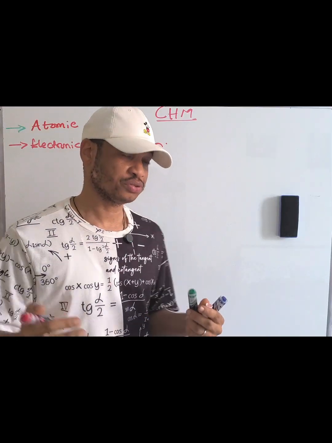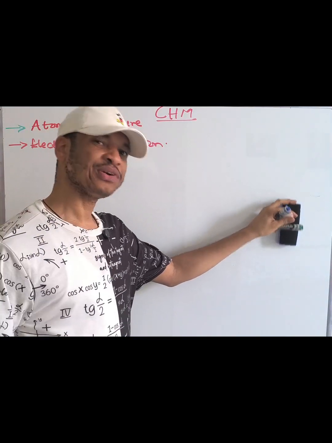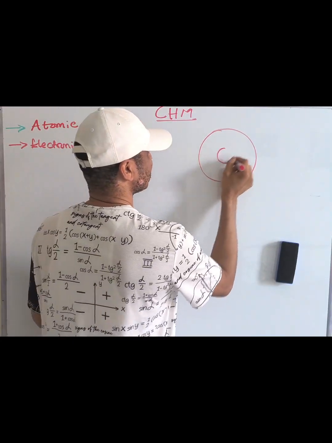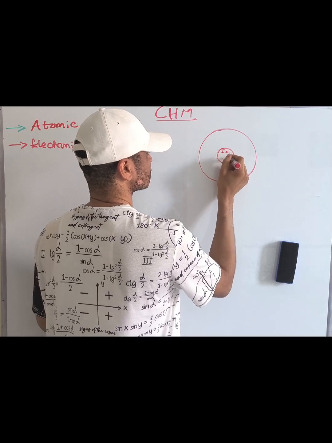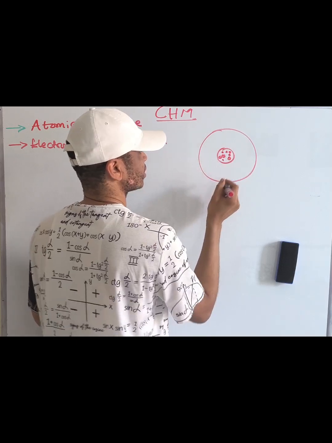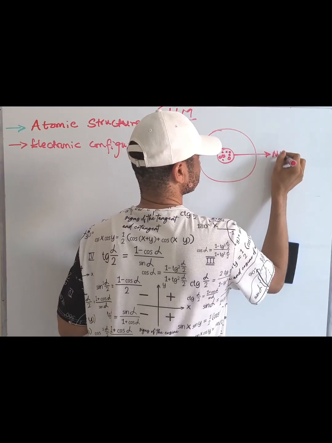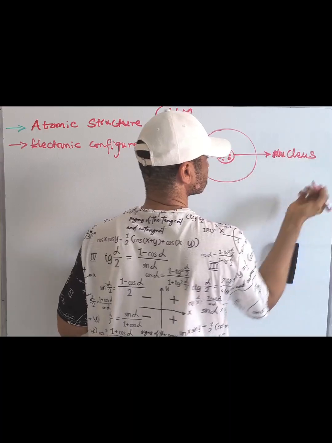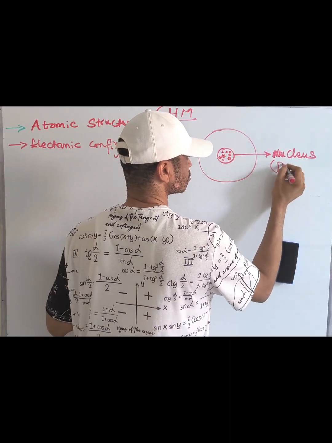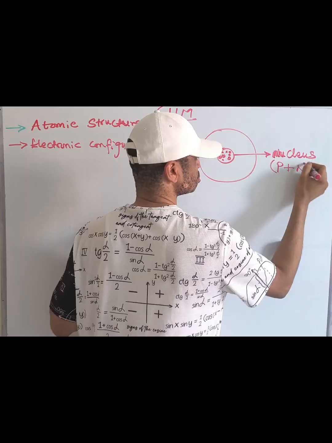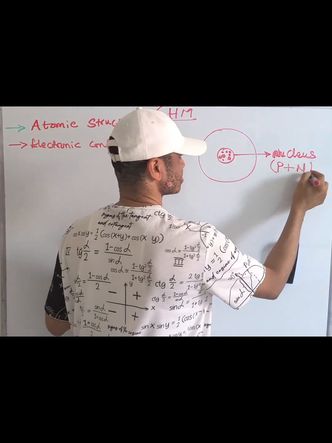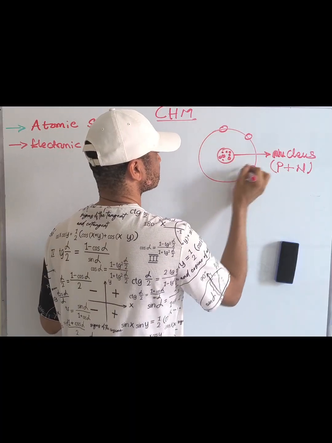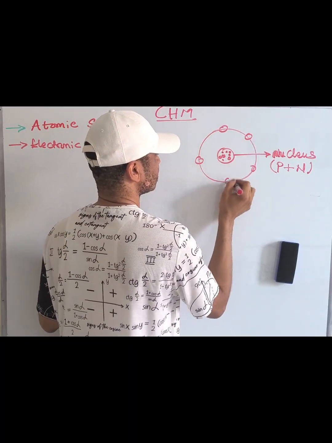The basic atomic structure you should know at lower level or O level is this. We have a nucleus, and inside this nucleus, we have protons and neutrons, and around the nucleus, we have what we call electrons.